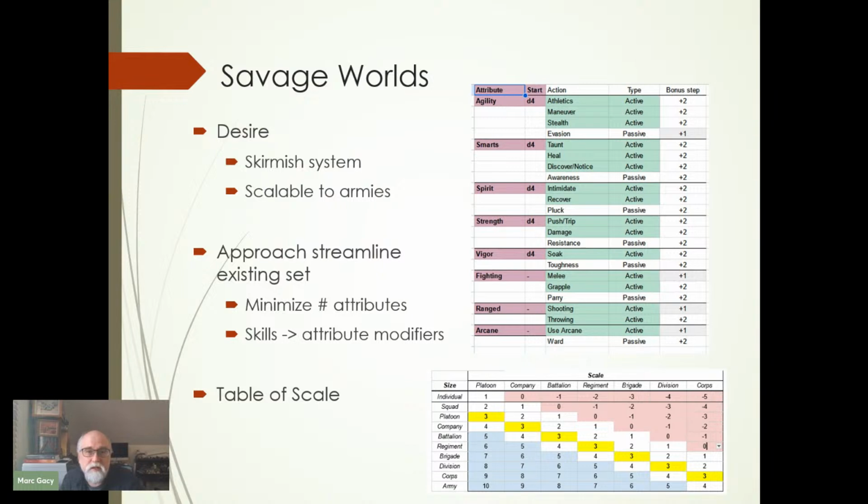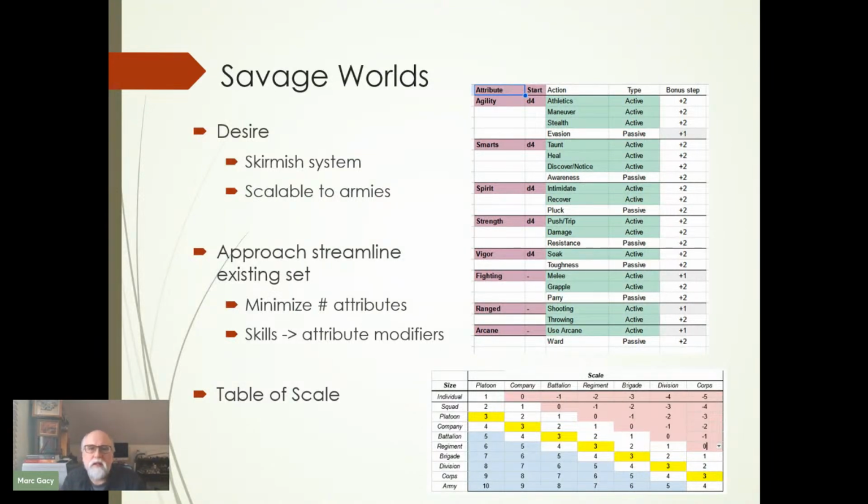So I approached it by streamlining the existing set. If you know anything about Savage Worlds or a lot of RPGs, you'll have attributes and skills. And oftentimes, you assign points, or you randomly roll for the attributes, and you do the same for the skills, and they may or may not interact a little bit, but basically you're doing all this assignment. Well, to me, that's a little too much for a skirmish game.